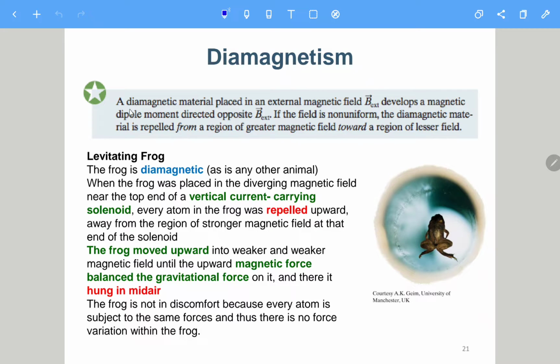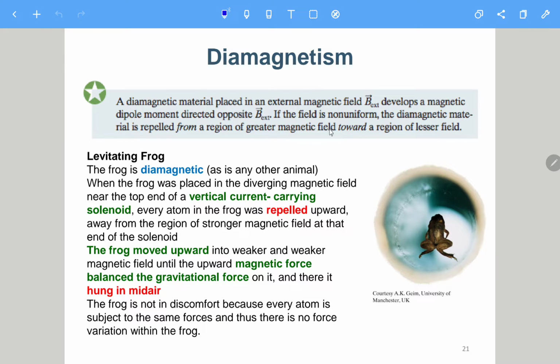It says the diamagnetic material placed in an external magnetic field develops a magnetic dipole moment directed opposite B external. If the field is non-uniform, the diamagnetic material is repelled from a region of greater magnetic field towards a region of lesser field.